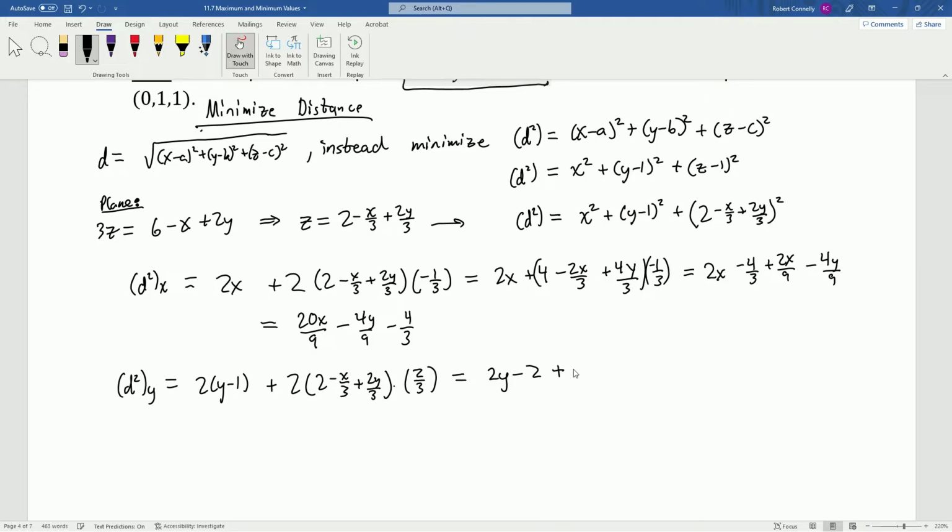plus, and now I'm just going to treat this as 4/3. So 4/3 times 2 is 8/3. And then 4/3 times this gives us 4x over 9. And then 4/3 times this gives us 8y over 9.